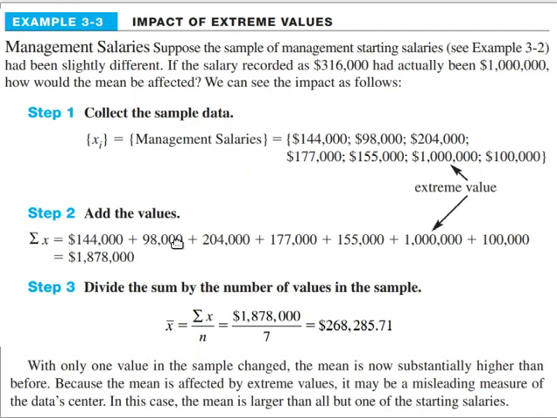We do the same as we did before, only that we change the previous $316,000 to 1 million. And this really blows up the sum.